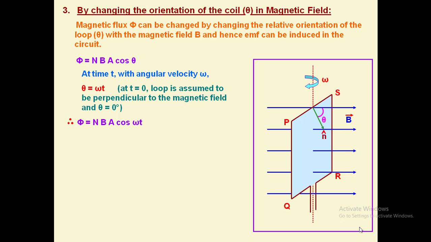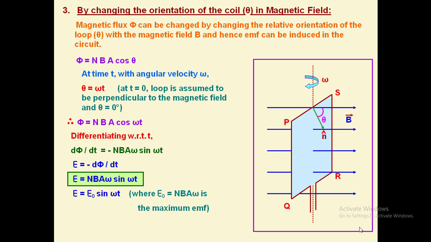Phi equal to NBA cos omega t, because theta is nothing but omega t. So differentiating, d phi by dt equal to minus NBA. Now the derivative of cos omega t is minus sin omega t and the derivative of omega t is omega.